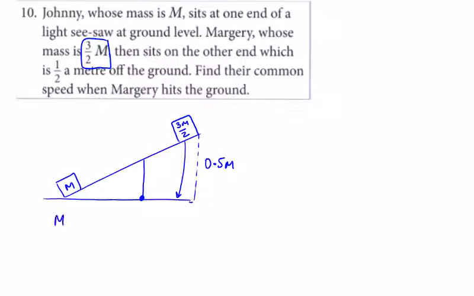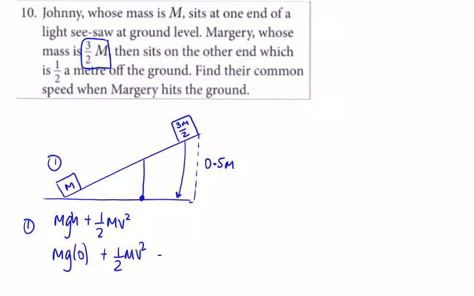Okay, let's look at mgh plus a half mv squared for position 1. Johnny is on the ground, so it's m by g by 0 plus a half m by v squared, since we don't know the speed. So the total energy of the system is mv squared over 2. At position 2 we have mgh plus a half mv squared again.